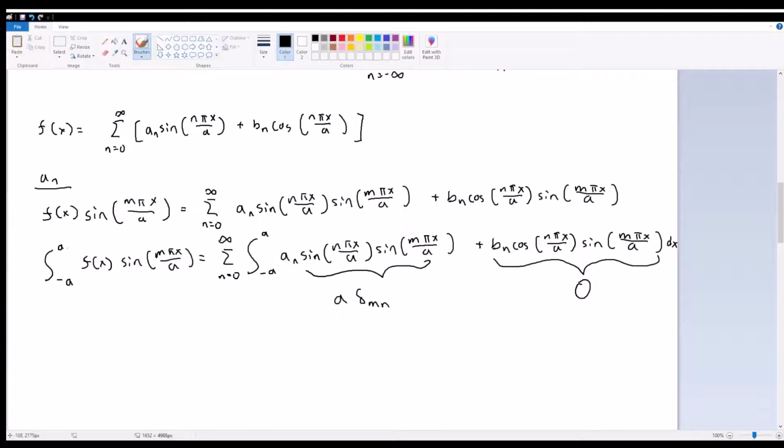So if we fully write this out, the integral from negative a to a of f of x times sine of m pi x over a dx, I forgot to add the dx at the top, forgive me, is going to equal, and once again this is a sum from n equals 0 to infinity, but because of this Dirac delta, there's only one term that's not 0 in the sum, the term where m equals n.